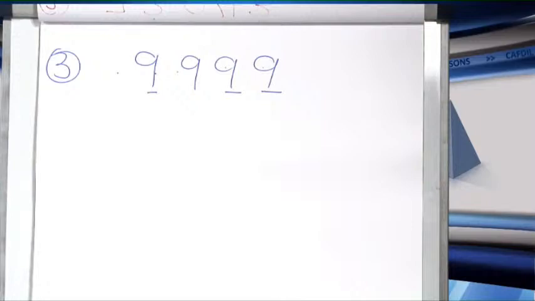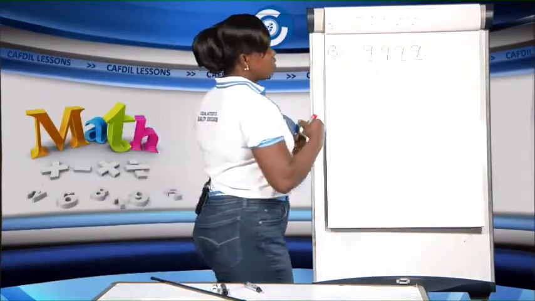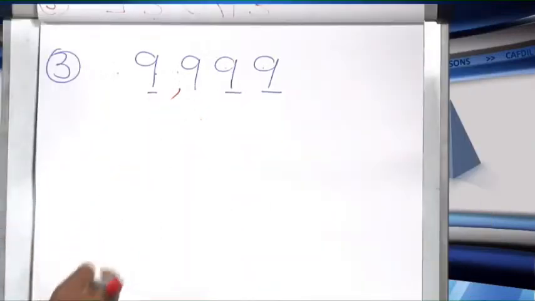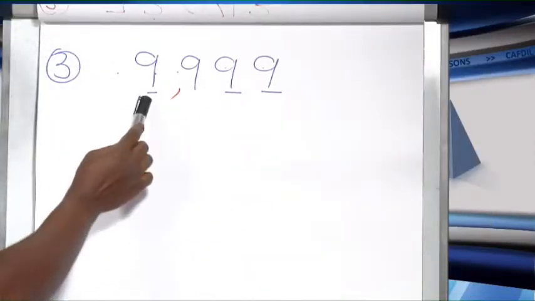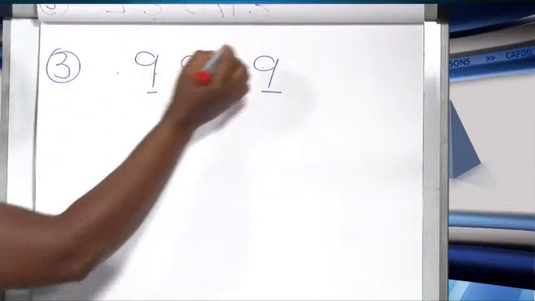All right, I hope you are done. Let's do it together. You have 9,999. You have some of the digits underlined. So let's look at the value of each of the digits underlined.